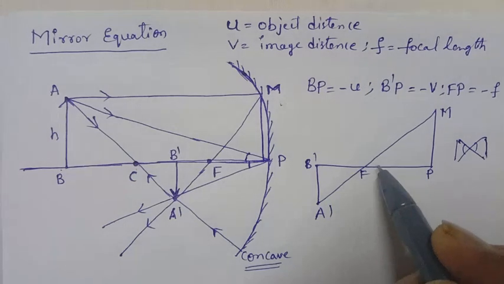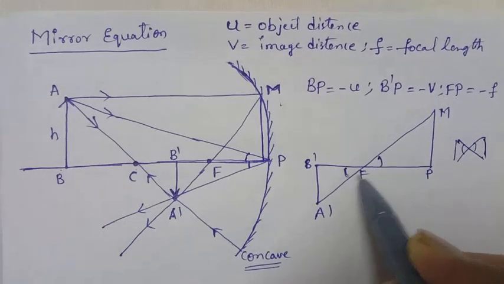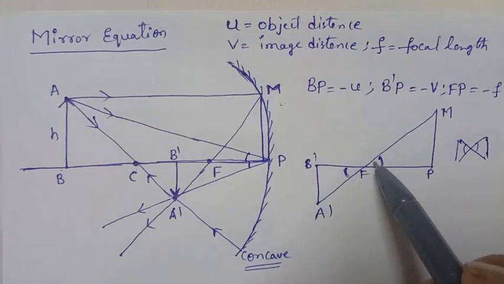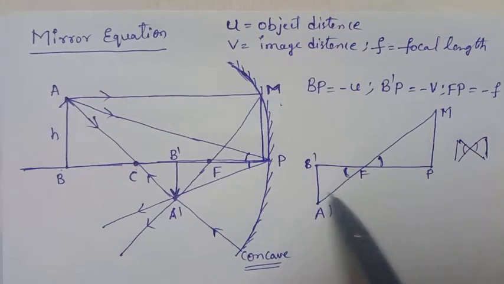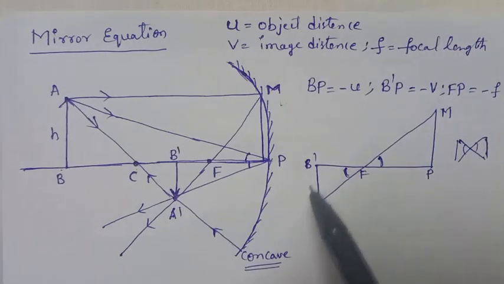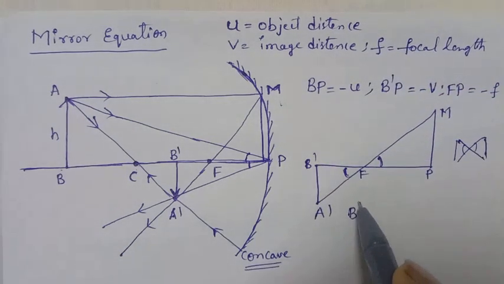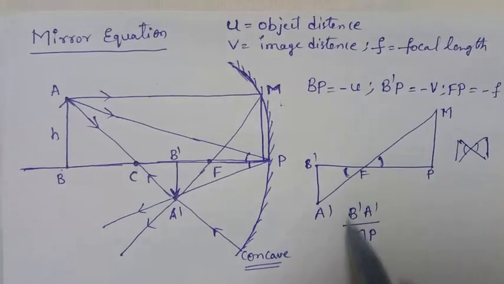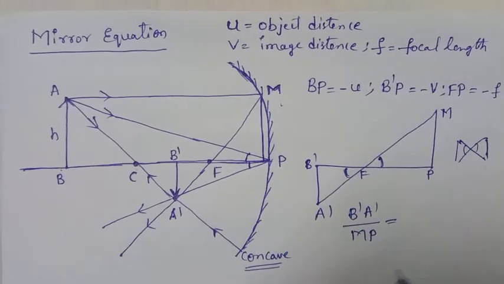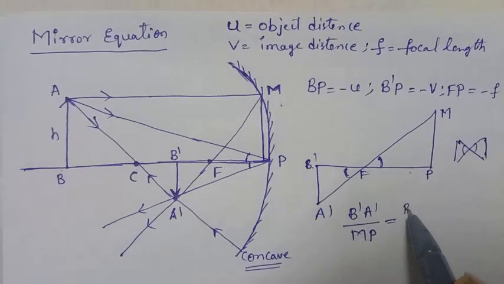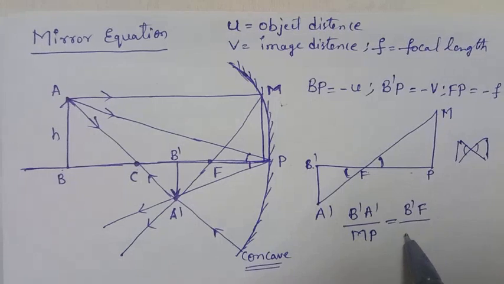These two opposite angles are the same, so M to P and B dash to A dash distance will increase. Then the ratio B dash A dash by MP is equal to the ratio of B dash F by FP.